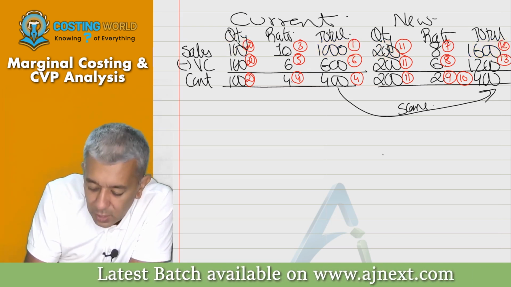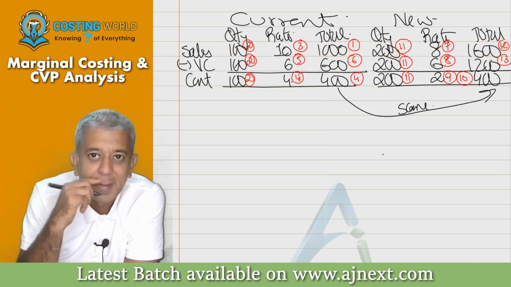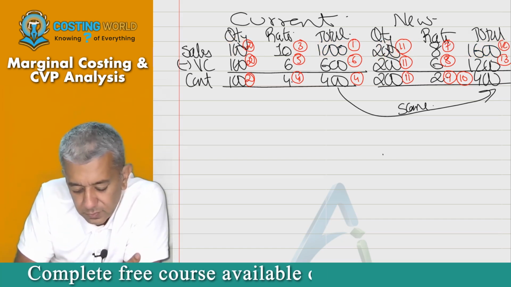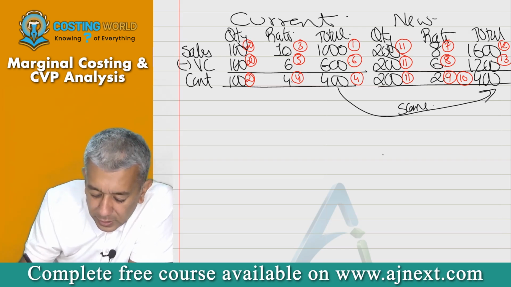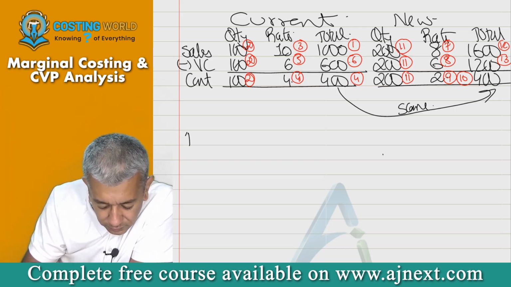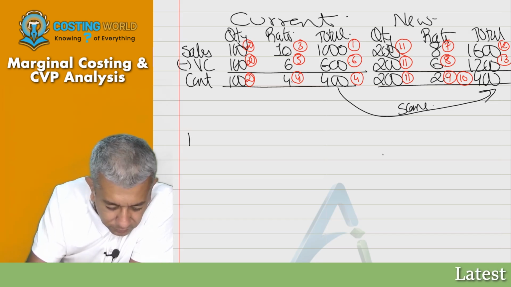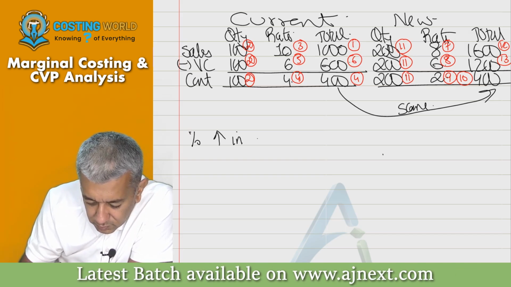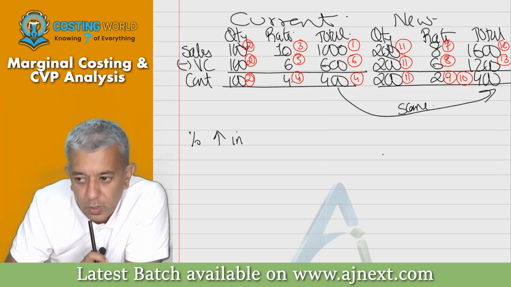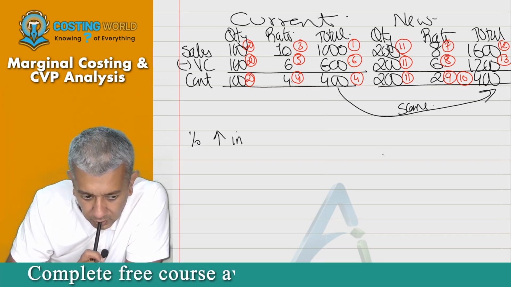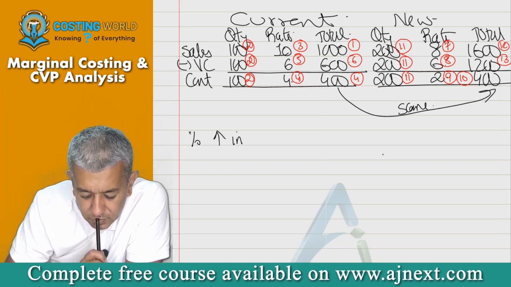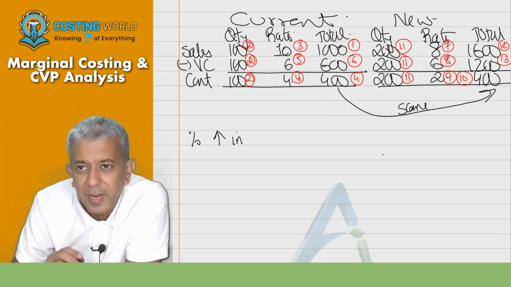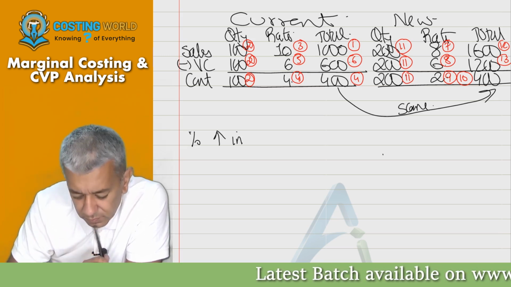You all do one thing, in your notebooks you all write down. Let the current sales quantity be 100 units. In bracket, write down any number.